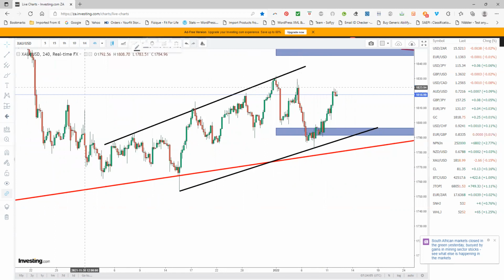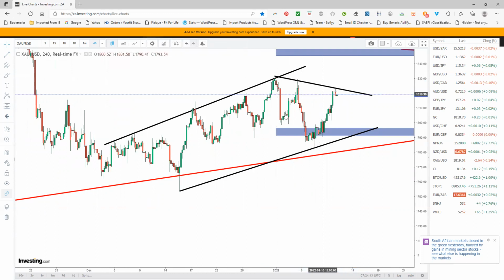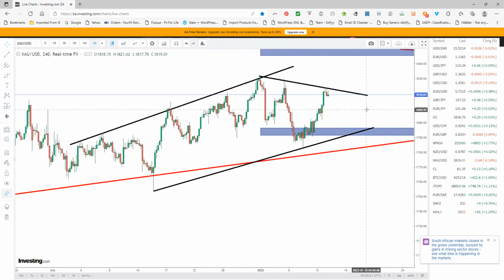Right now, we've got lower highs happening. And the main reason for that is because of the W that's been formed. So the W has been formed, and that's telling me that price has retraced and is going to go up.